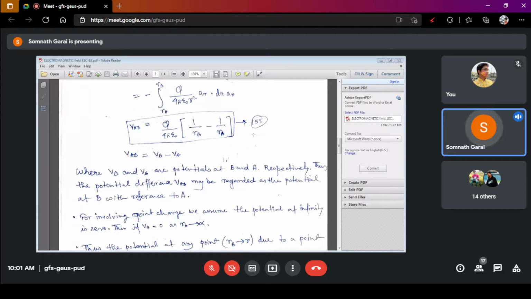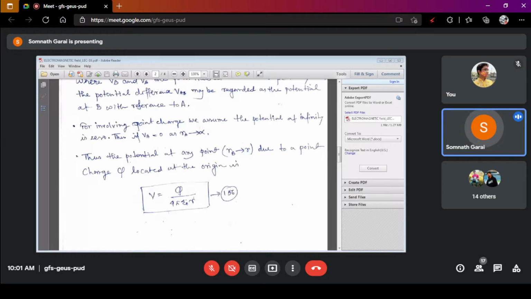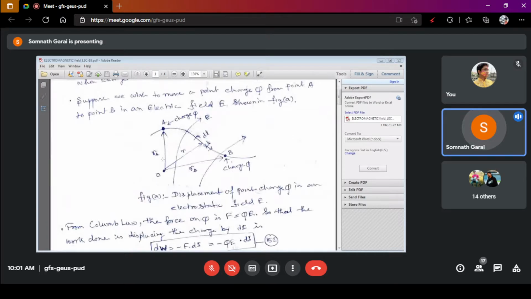So equation 155 is modified to V equals Q divided by 4 pi epsilon r. That equation gives the potential at point B of the point charge Q if Q is moved from an infinite distance to a distance of r. And this distance is treated as infinite with respect to that point O.